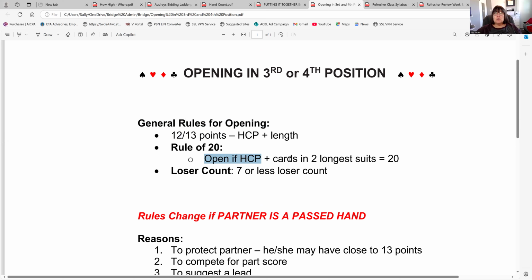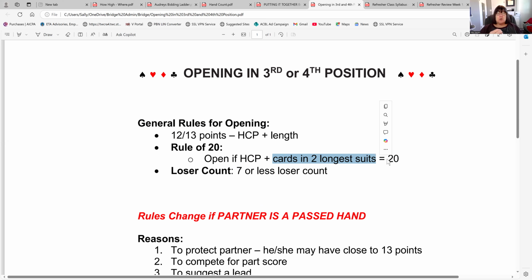It's called the rule of 20. The rule of 20. If you have 11 or 12 or maybe even 10 points, you can consider opening if your high card points plus the number of cards in your 2 longest suits is 20 or more, then you open.